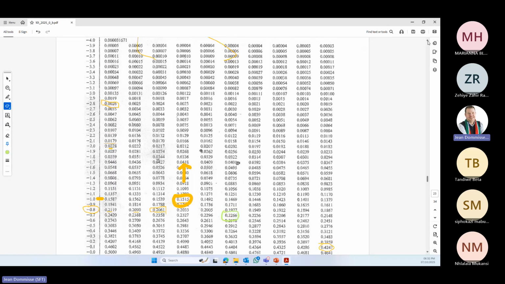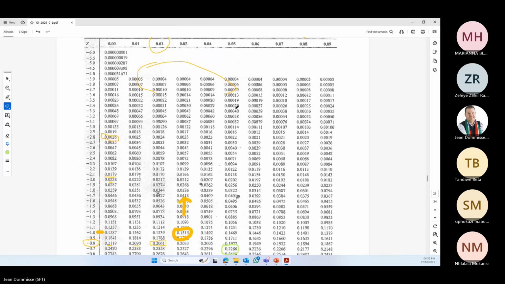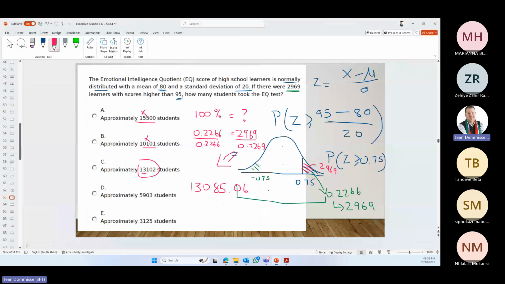It was 0.8, minus 0.75. Yeah, so that was all fine. Okay, so a bit of rounding off, but the closest is approximately 13,102. Again, that one is way too small. Also way too small. So the one that we are looking for is option 3.